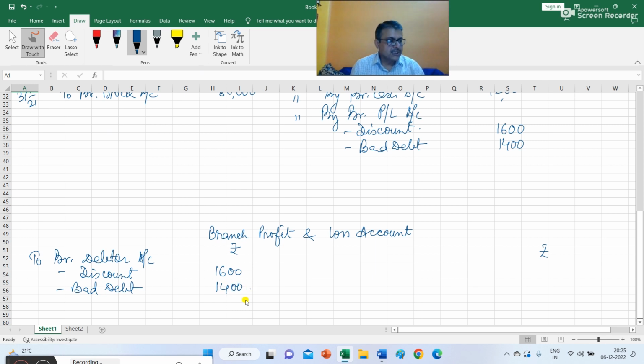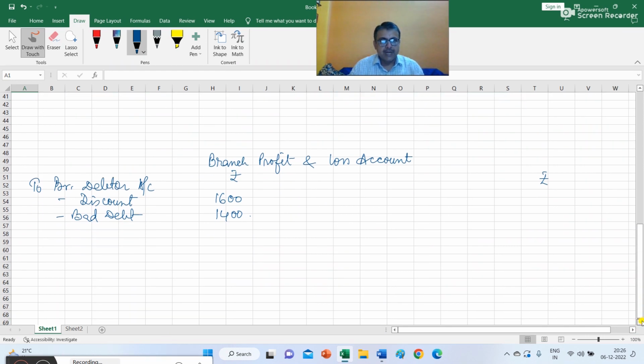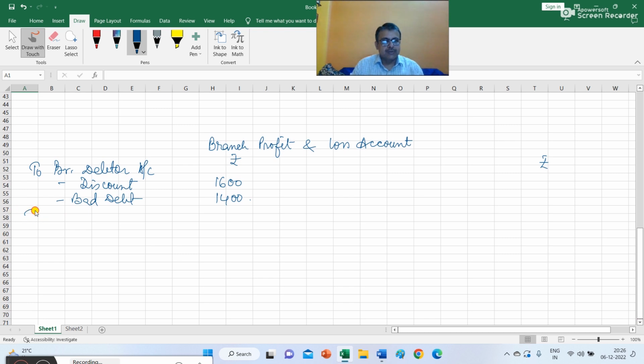The next transaction is regarding the cash sent to branch for wages, freight and salary and other expenses. So in branch profit and loss account, you have to write to branch expenses account as wages for rupees 2,000.